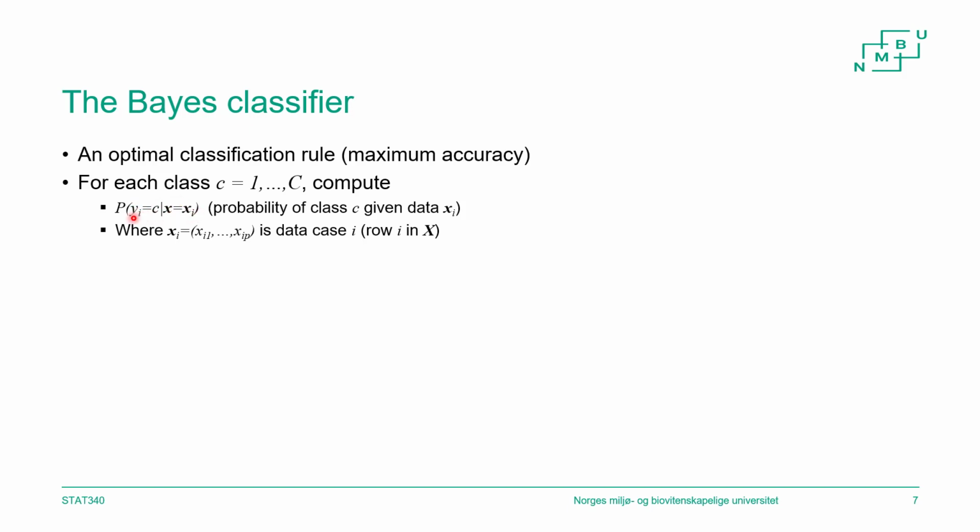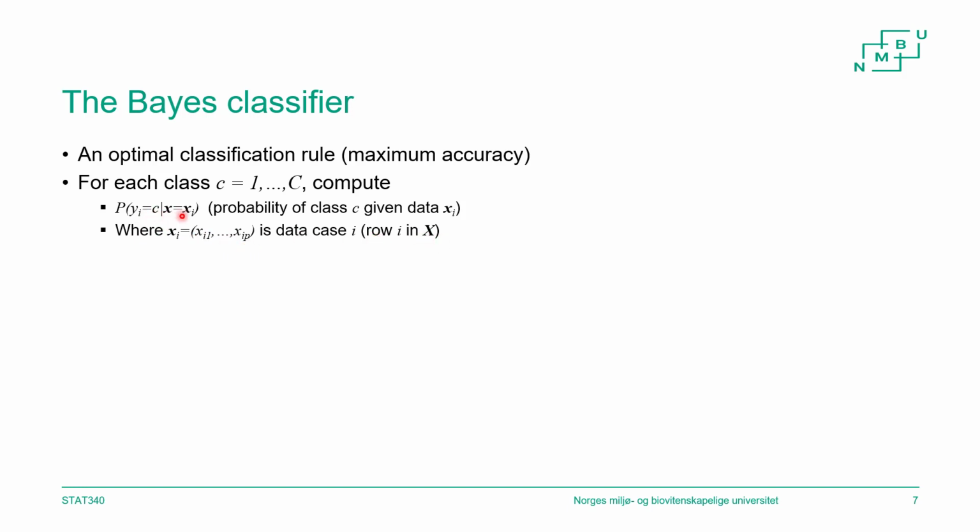That's how you should read this. So the probability that our response number i equals class C, given that the predictors are exactly as in data case i, right? Probability of class C given the data xi. Yeah, so this is the data case, row number i in A.